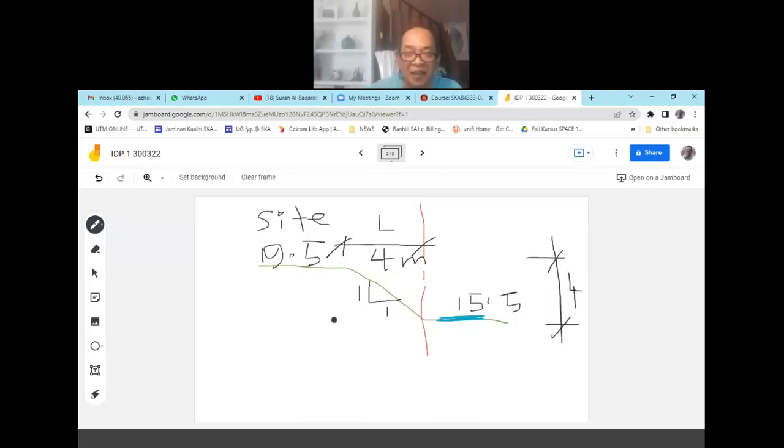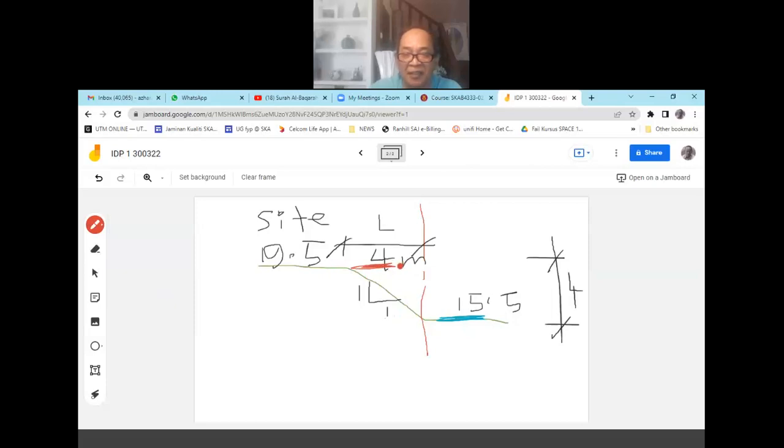However, sometimes the developer wants to build, let's say, a road somewhere here. There is a road to be located somewhere here. Then, of course, I can't have the slope.